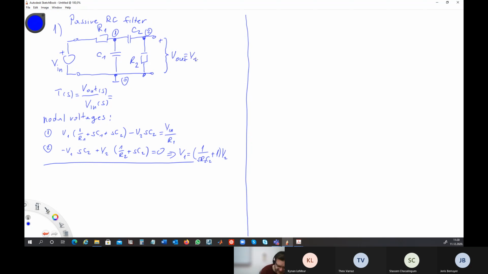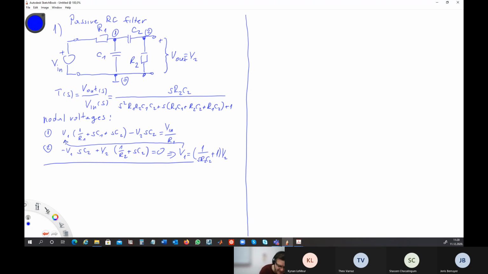Then you have the following transfer function: S R2C2 over S square R1 R2 C1 C2 plus S times R1 C1 plus R2 C2 plus R1 C2, plus 1. So this is what you have to obtain. This is something every student knows how to calculate.